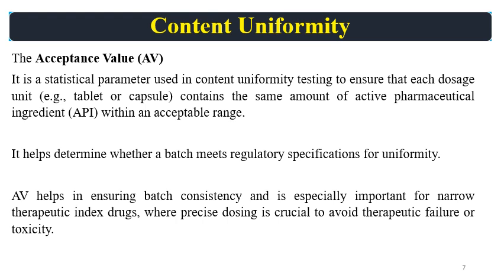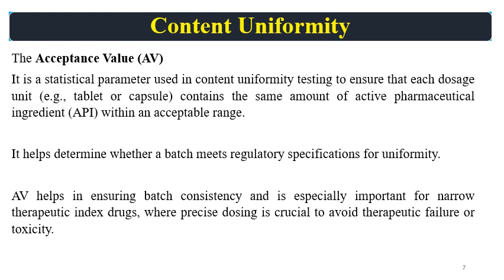So now for content uniformity, AV value is the main terminology, and based on that AV, we can say that the content uniformity test is passing or failing. So acceptance value is a statistical parameter used in the content uniformity testing to ensure that each dosage unit contains the same amount of medicine or drug.